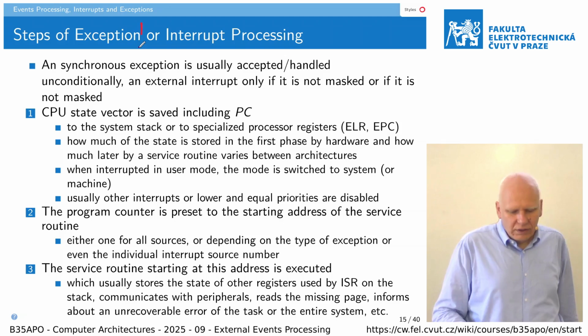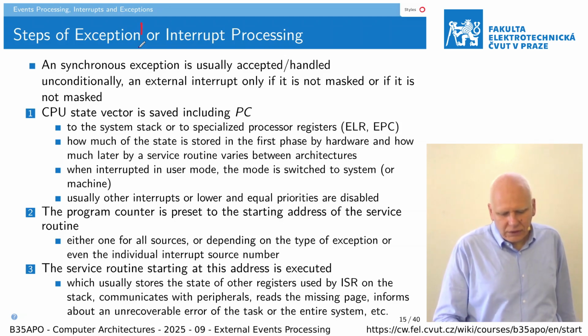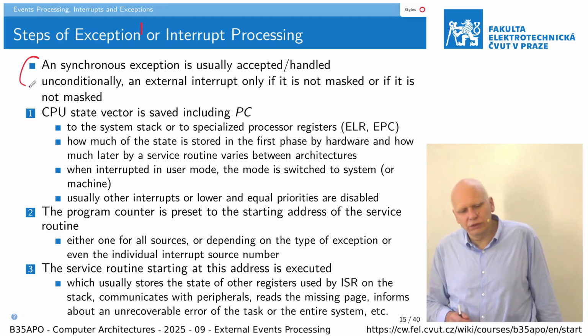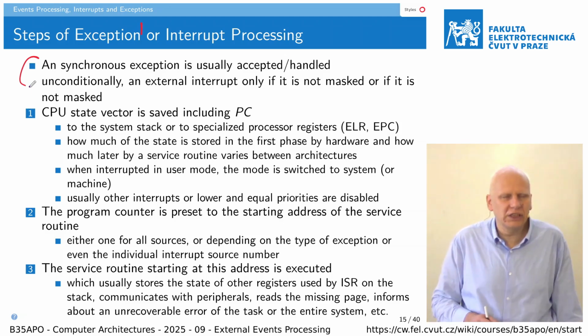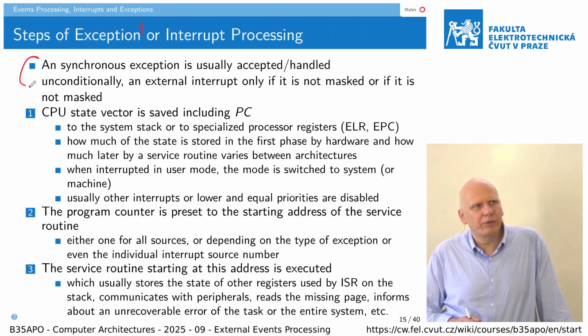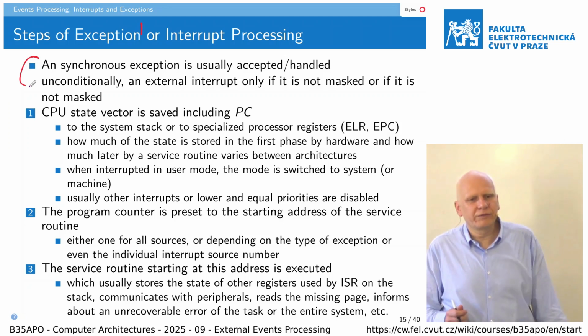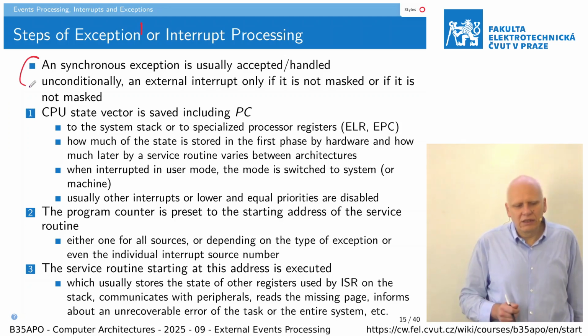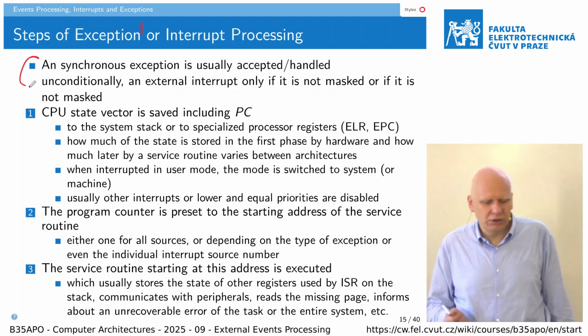So for the synchronous exceptions, those are usually handled unconditionally. Sometimes even some of them can be masked. For example, you can mask on a floating point unit whether the loss of precision or overflow to infinity should be signaling, so basically cause the exception or not.